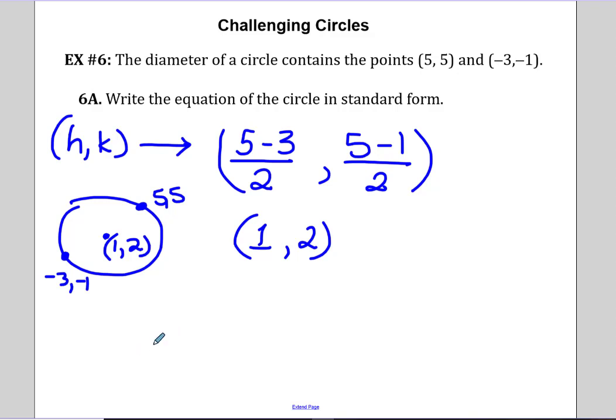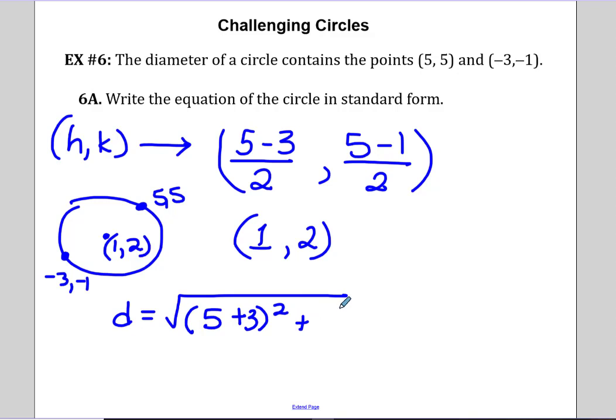And then the radius, we would want to know the distance between the 2 points. So the distance is the square root of (5 minus -3) squared plus (5 minus -1) squared. So we've got 8, that's 64, and 6, that's 36.